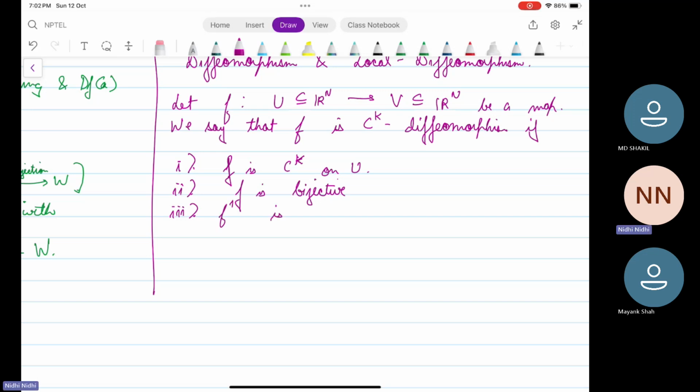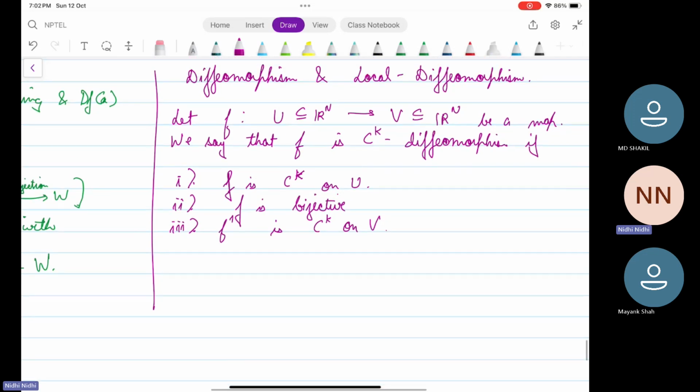Since f is bijective, f inverse is well defined, and this inverse should also be Ck on V. Then we say that f is a local Ck diffeomorphism if for every x in U we can find a ball such that f restricted to that ball satisfies the above conditions.